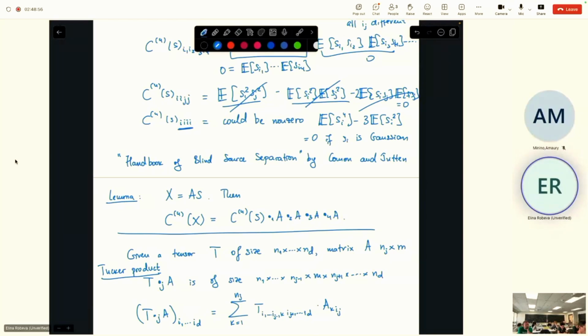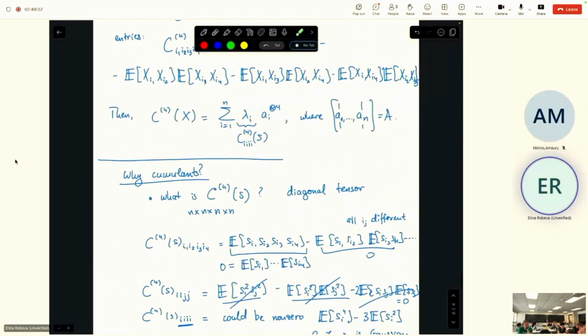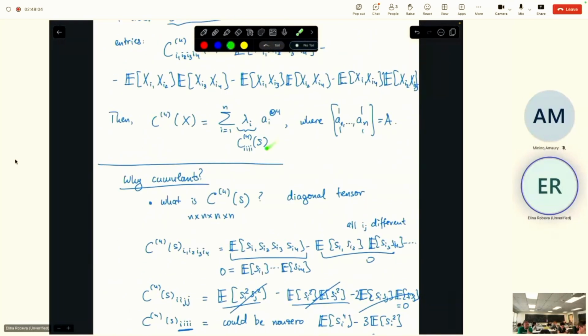Here I tried to prove to you why C4 of X decomposes like this. You would observe this C4 of X, and then you would compute this decomposition and find A, and you would also find the fourth cumulant of S. But that's really all this would give you.